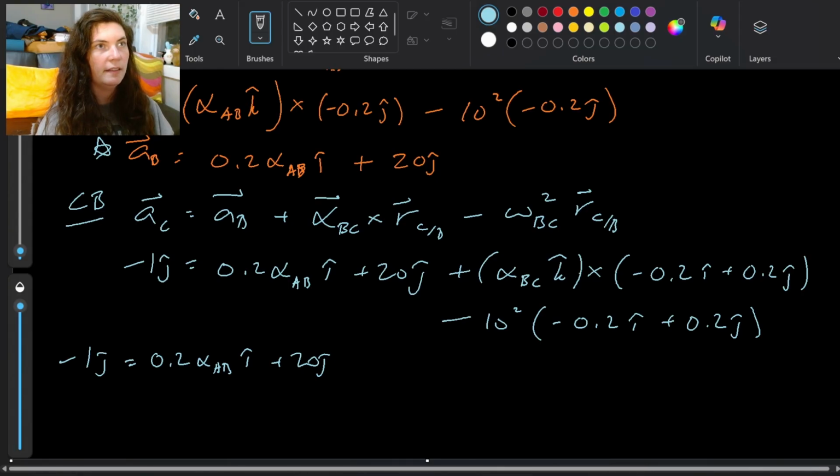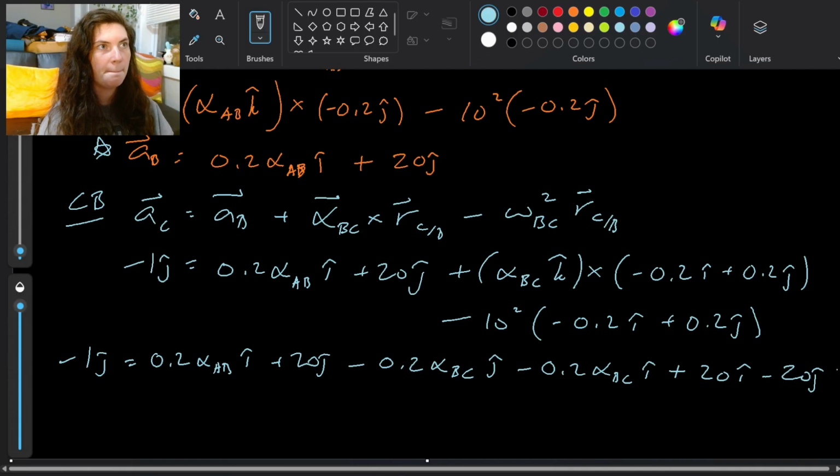And then I have my K cross my I. So that's going to give me minus 0.2 alpha BC j hat, and then I'm going to have a k cross a j, that's a negative I. So minus 0.2 alpha BC I hat plus, because I've got negative 100 times negative 0.2, plus 20 I hat minus 20 j hat.